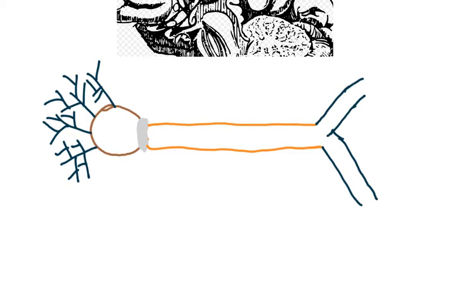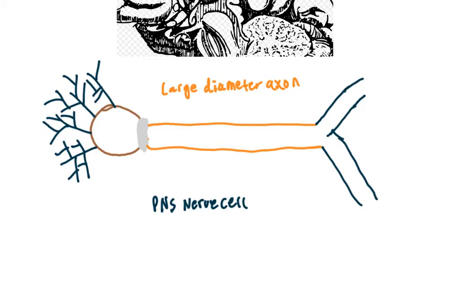So this is going to be our large diameter axon. Again, let's not confuse this with the central nervous system. This is a peripheral nervous system nerve cell. Okay, so we're talking about the peripheral nervous system here.